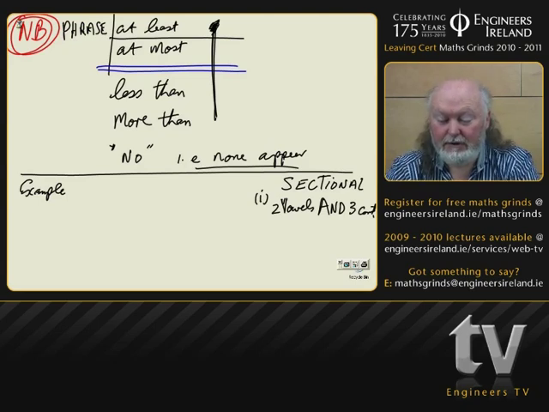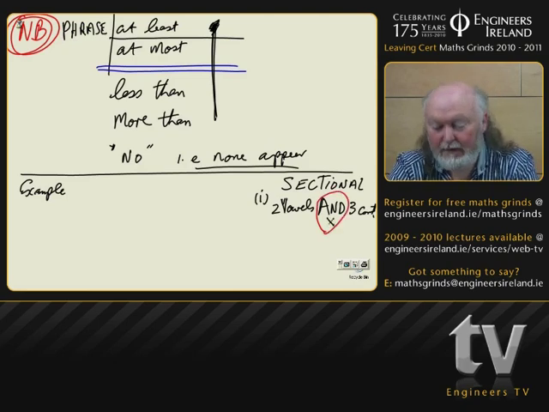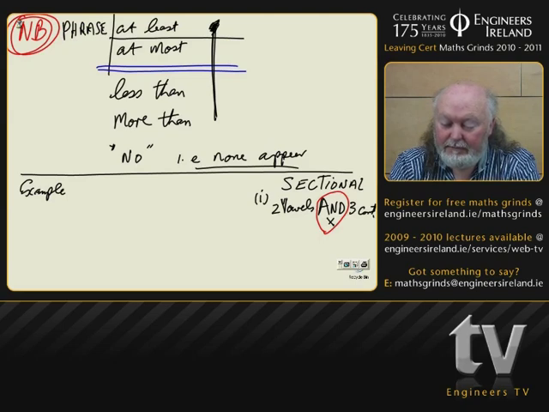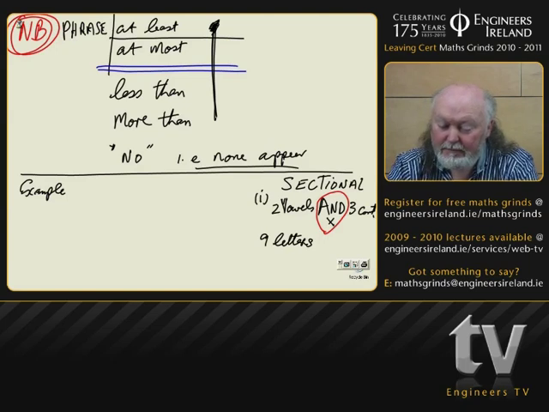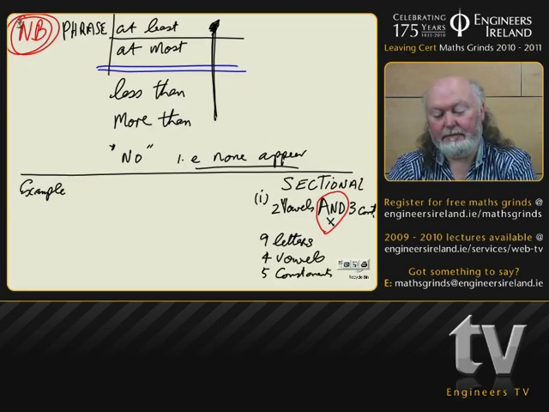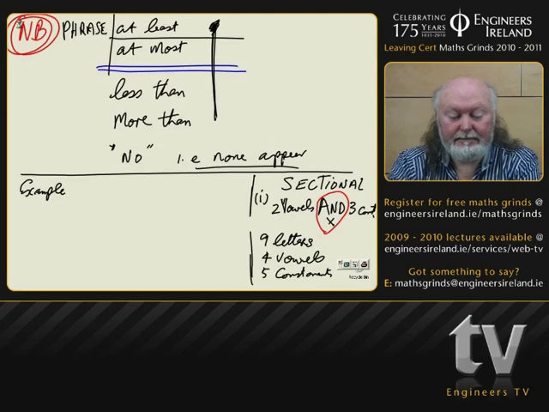Notice the operative word and here means that we're going to be dealing with a multiply. How many of them are possible? Well, we know there's 9 letters. 4 of them are vowels. 5 consonants. So this piece of the problem is easy.